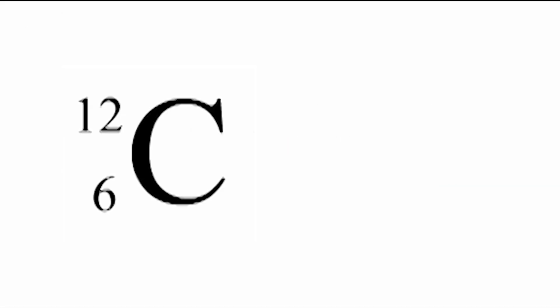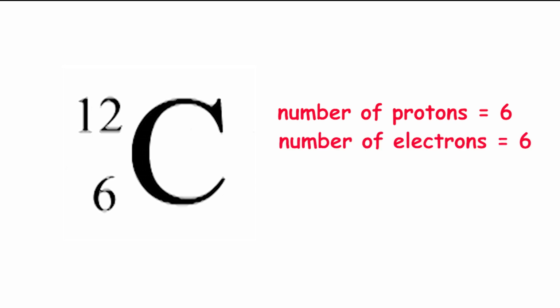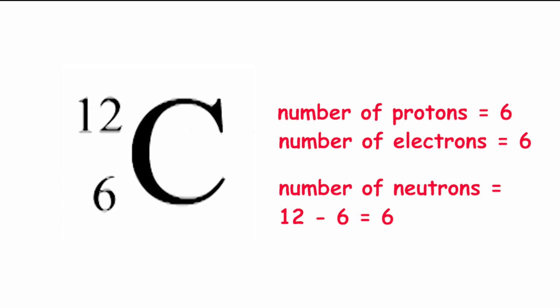Similarly for carbon, the atomic number 6 reveals that there are 6 protons inside the nucleus of carbon, and then 6 electrons outside the nucleus. The number of neutrons is equal to 12 minus 6, and then there are 6 neutrons inside its nucleus.